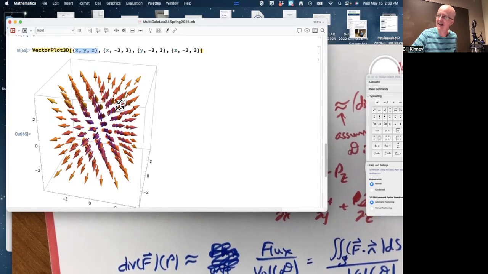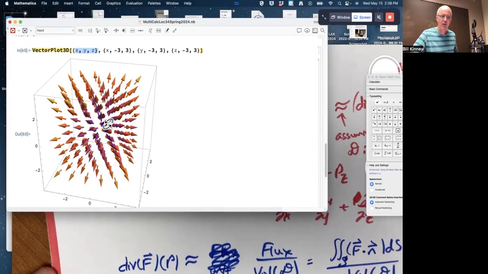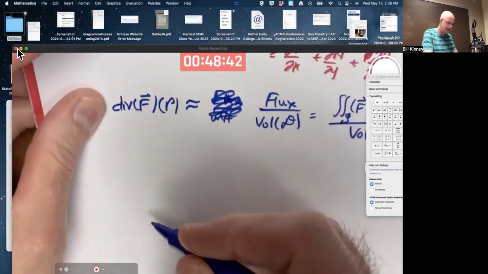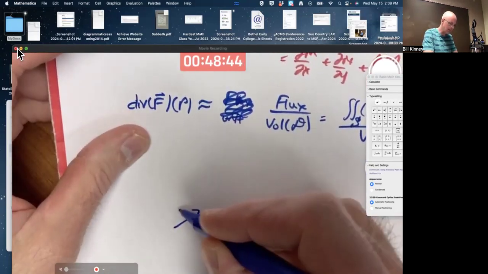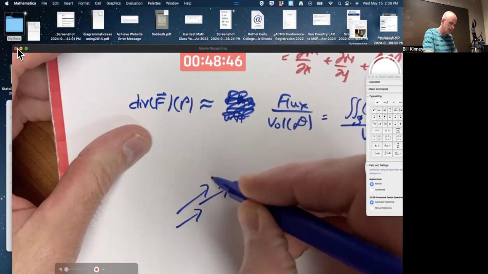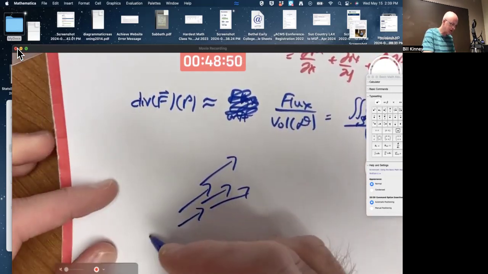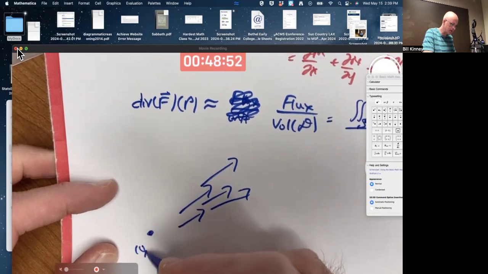How do you make sense out of that? Because there's only one source seemingly at the origin. And the way to make sense out of that, and this is the final thing for today, is to say, okay, I'm not near the origin anymore. But I've got these vectors at points, maybe the origin's down here, maybe that's 0, 0, 0.